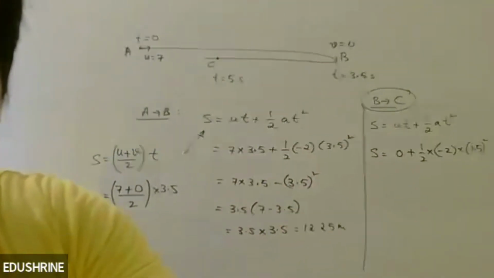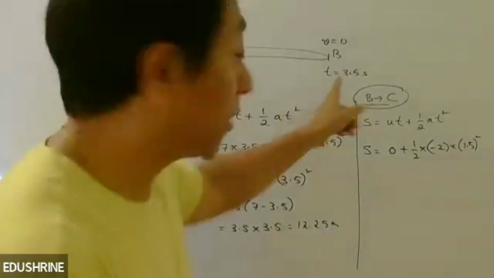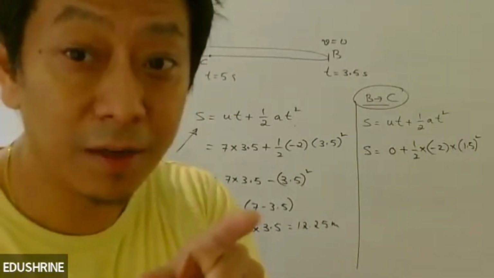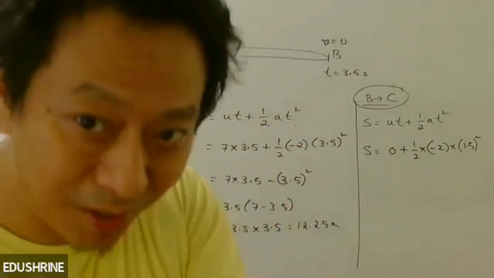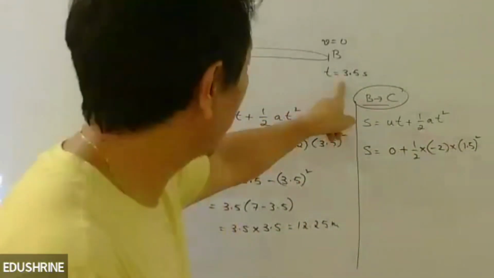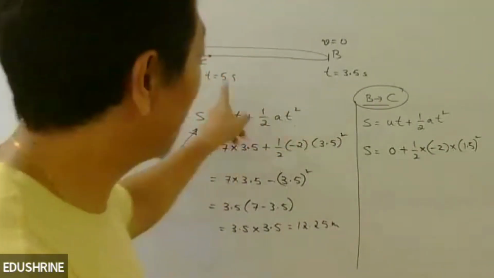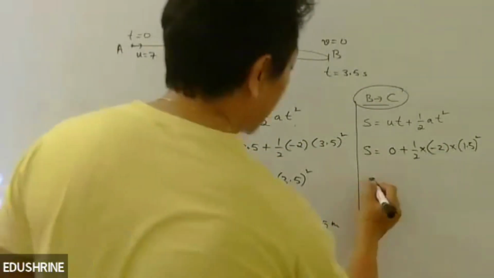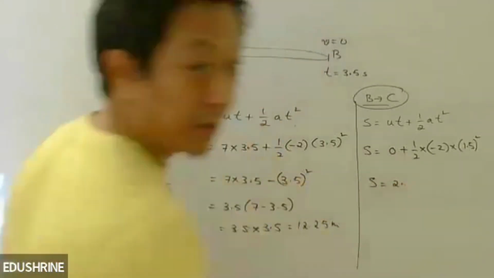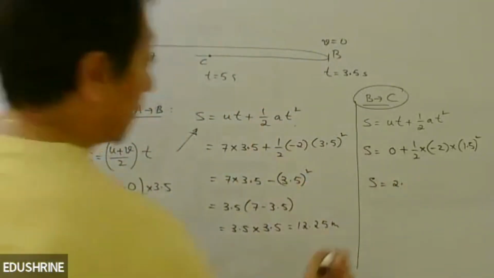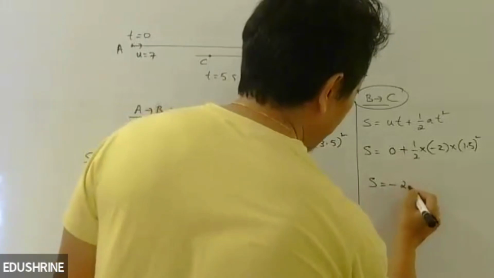That 1.5 you guys understood. Time taken also you have to be careful. That t was from 0 to t. But this is from 3.5 to 5. So time taken will be 1.5. 2 cancel. So S is 2.25, but minus.